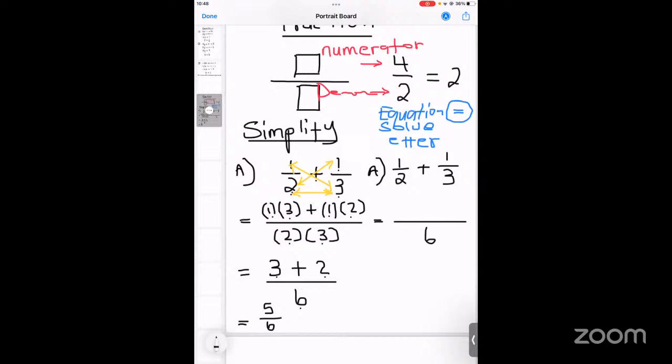Next to the expression, we write next to the half, 2 times 3, and then the one also times 3.